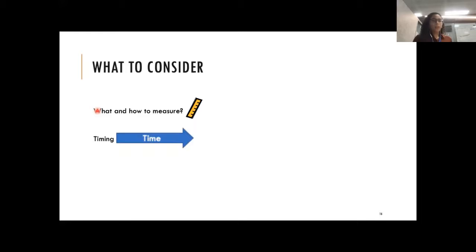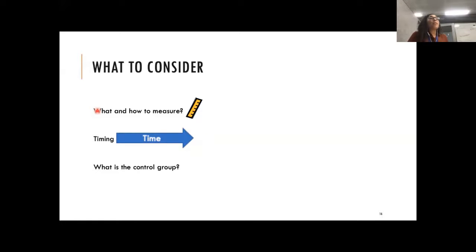How long do we wait after we give participants our treatment, and how long do we expect the treatment to take to make an effect that we can see and measure? If we give them money, are we expecting them to increase the attendance rate tomorrow, in a week, in a year? And if we wait for too long, are we sure that the only thing we can see happening is the effect of our treatment, or is there something else in there too?